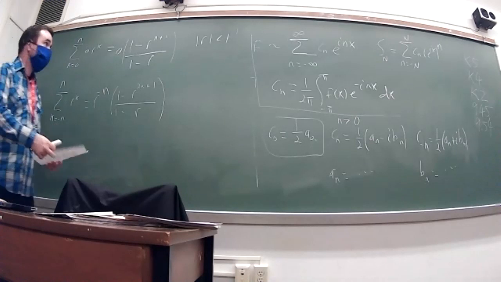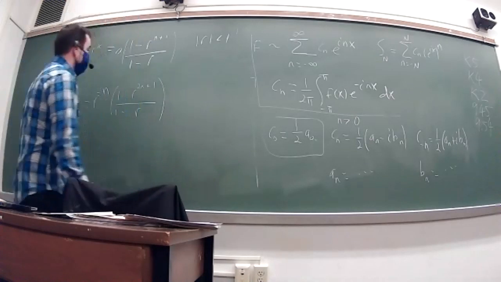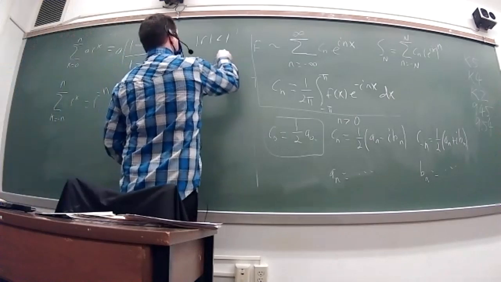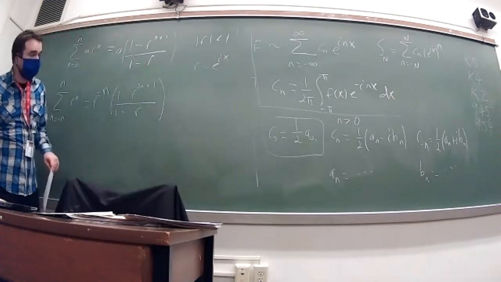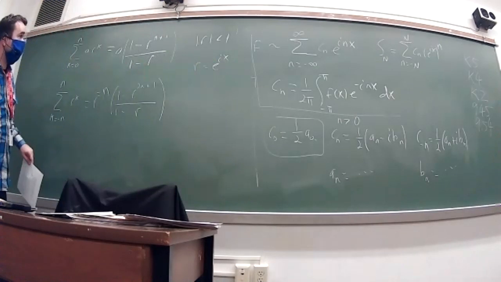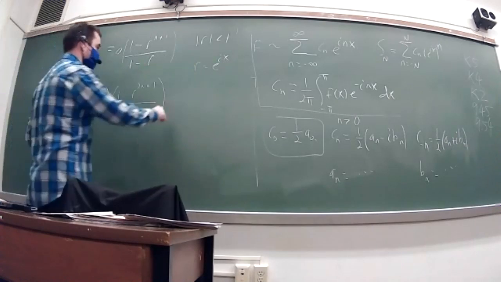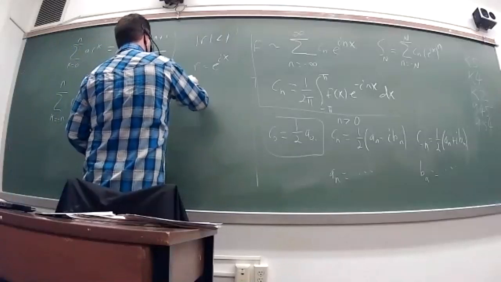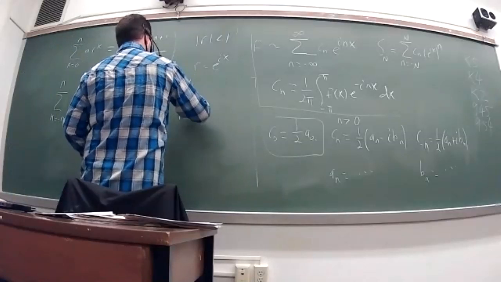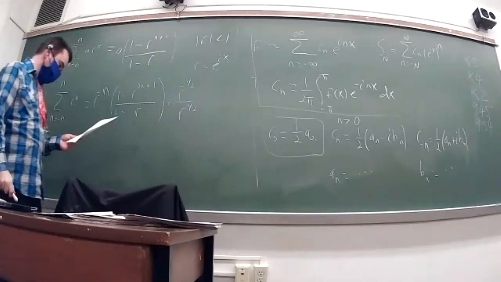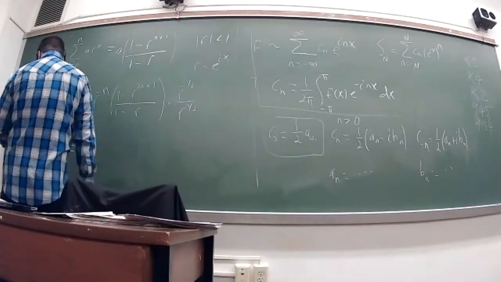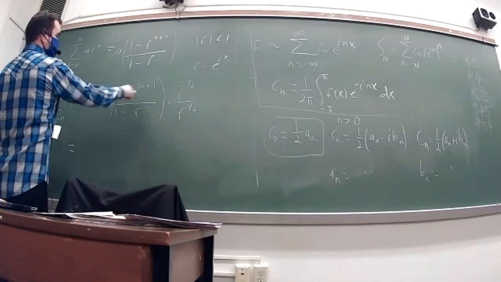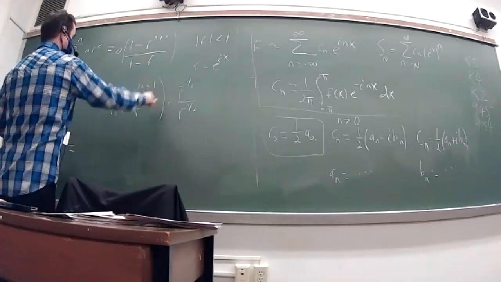And for our particular use case, we're going to take r equals e to the ix. In order to facilitate that, in this general expression I'll multiply and divide by r to the minus 1/2. When I do that, I'm going to perform these two multiplications straight across.